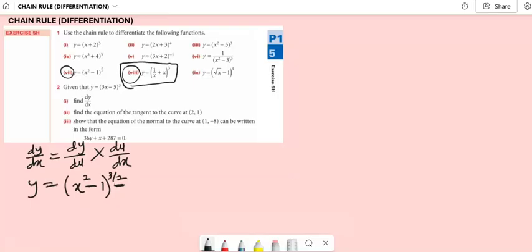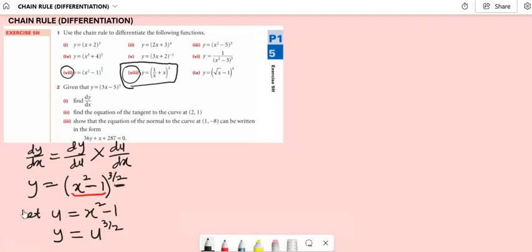In this case, I will use u to represent what is inside this bracket. So let u be equal to x squared minus 1. That means my equation y can easily be equal to u raised to the power of 3 over 2.